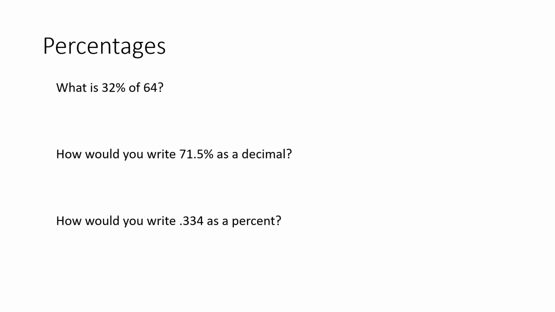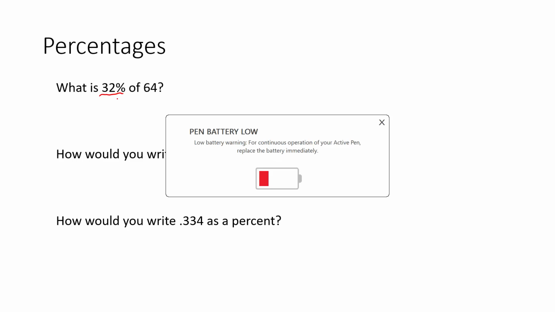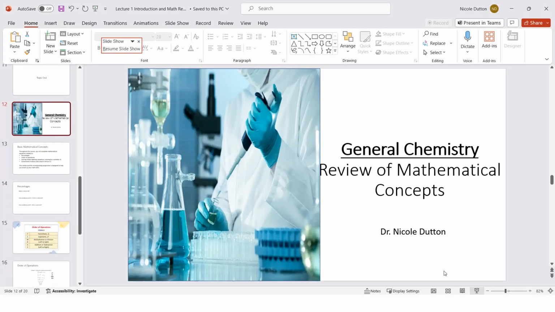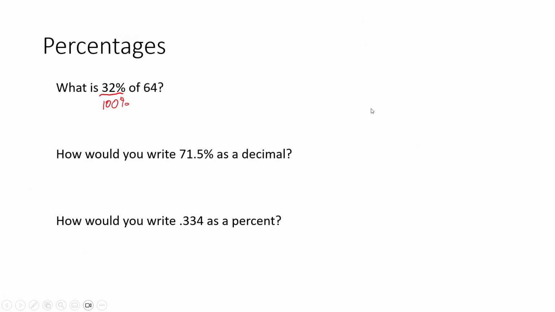So starting off with percentages, what is 32% of 64? In order to figure this one out, we would actually convert the 32% to a decimal. So 32%, if we divide it by 100%, then we are going to get 32 divided by 100, which would be 0.32.